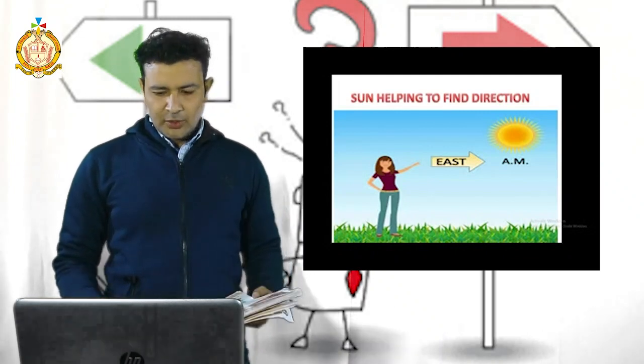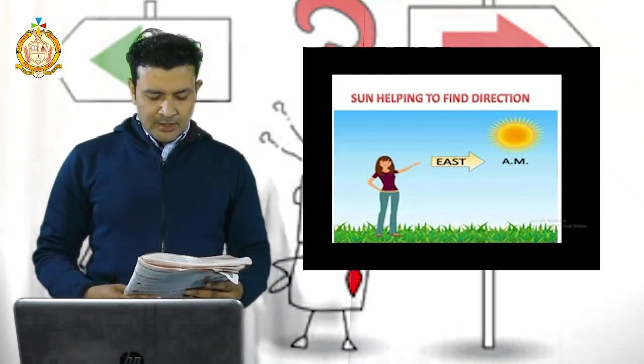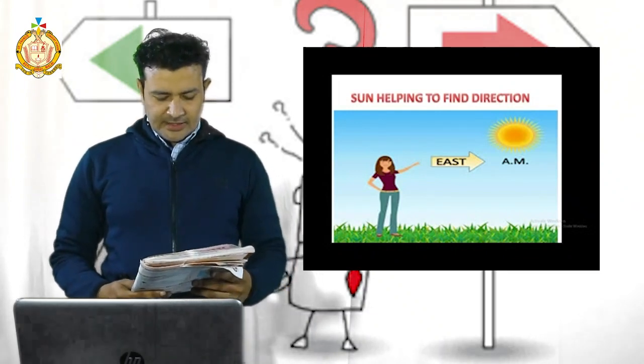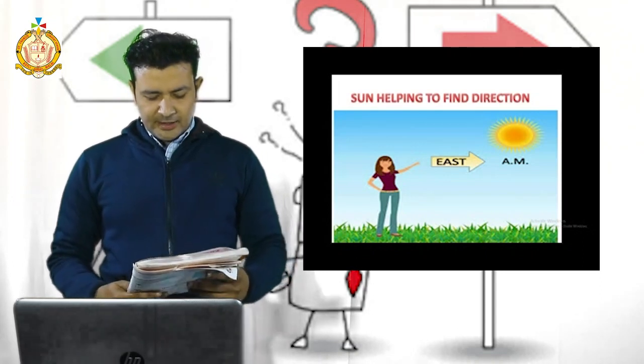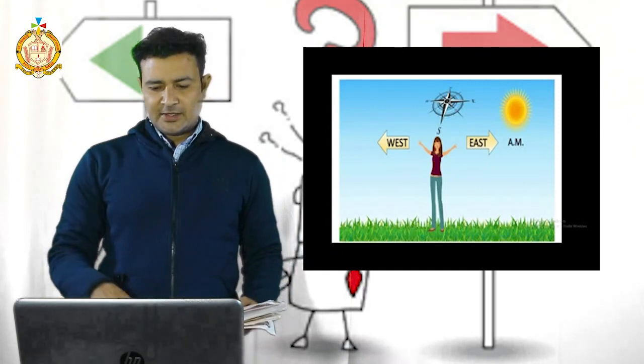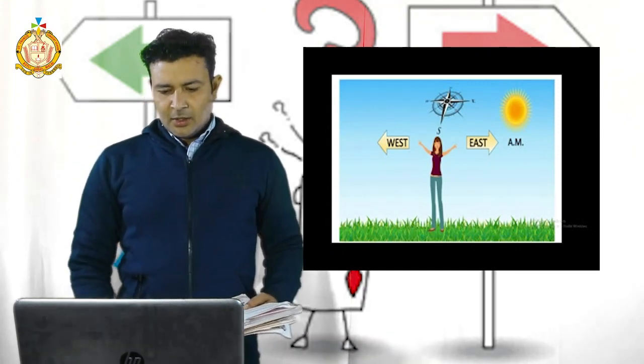And during noon time, the sun is above our head. In the evening, the sun is setting in the west. So you can see the other hand is on the west side. See, look in the PPT.